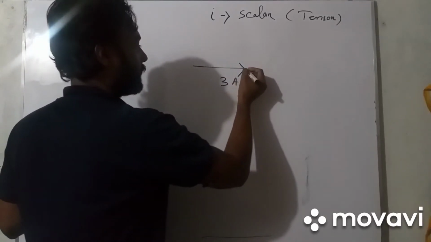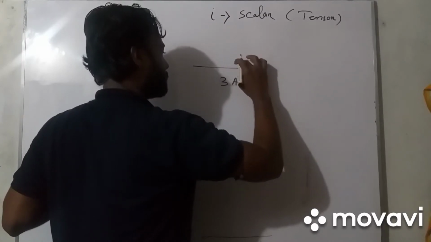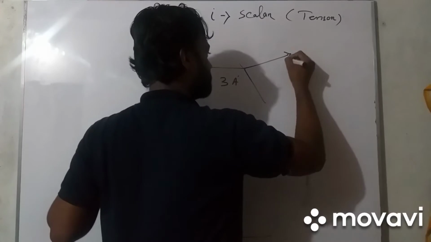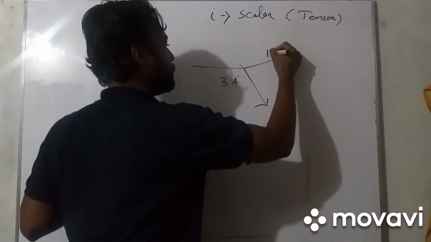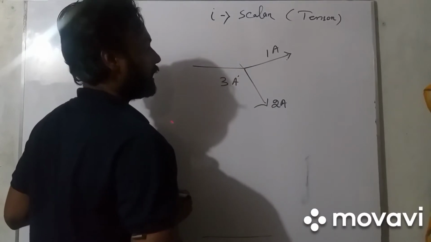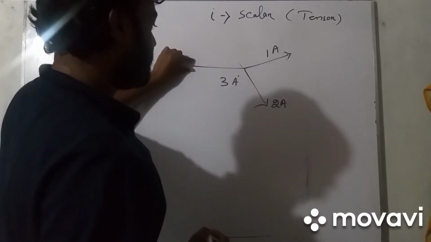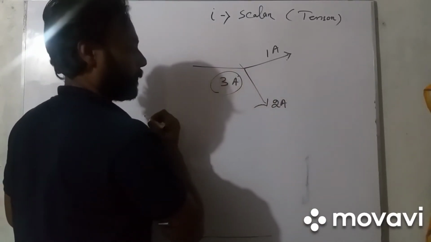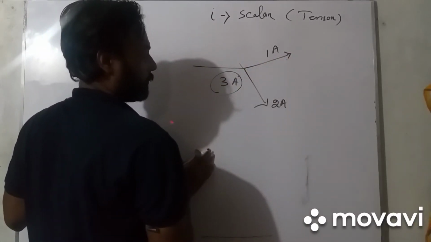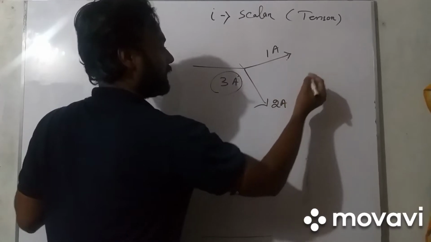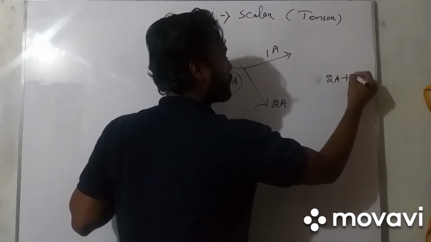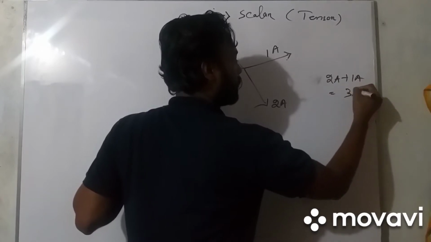Now that 3 ampere of current is factored into two segments, that is 1 ampere current and 2 ampere current. So that current whose magnitude is 3 ampere and is directed in a particular direction, they are added algebraically. That means 2 ampere plus 1 ampere, that's why 3 ampere is here.